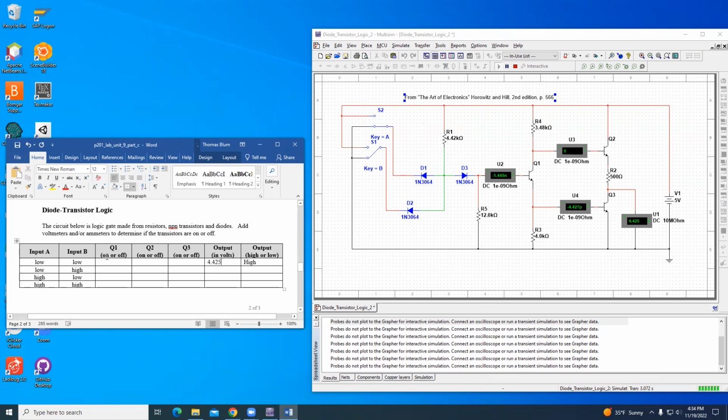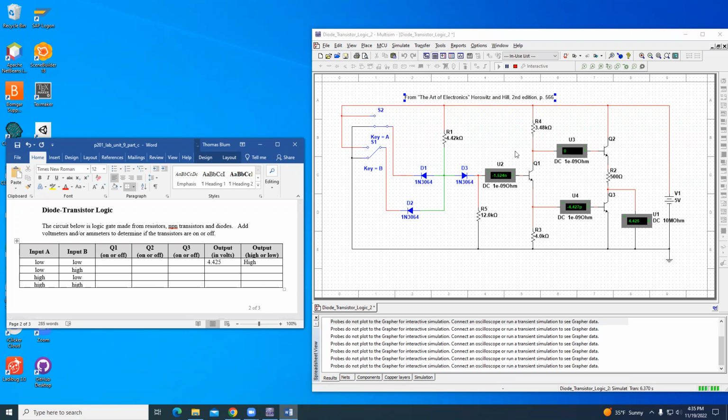Then I want to think a little bit about the circuit. I'm asking whether the various transistors are on or off, whether they're conducting. If they're conducting, I'll say they're on, and they should then have a low resistance. If there are no currents or little currents going through them, they will have a high resistance, and I'll call that off.